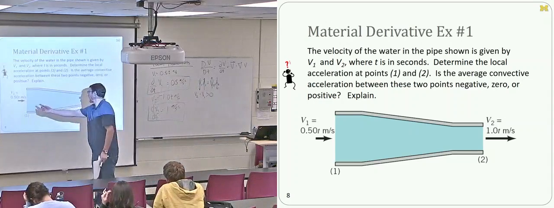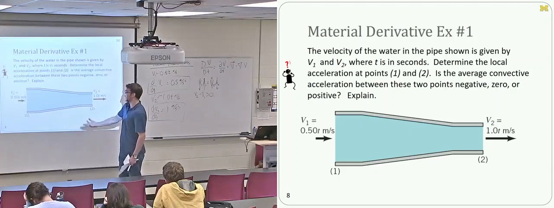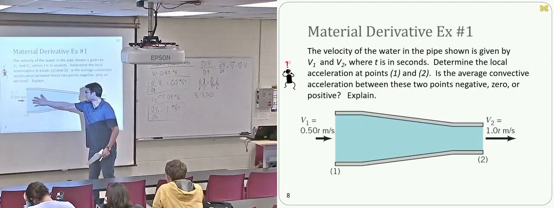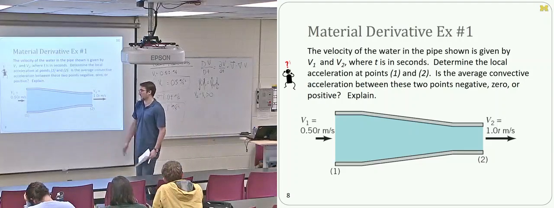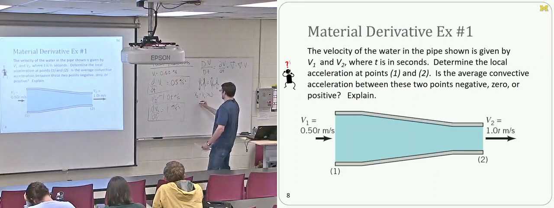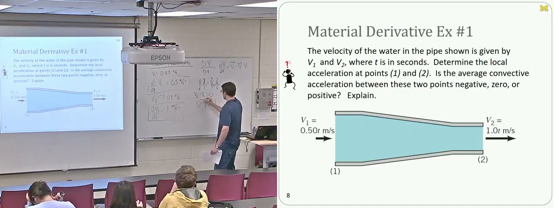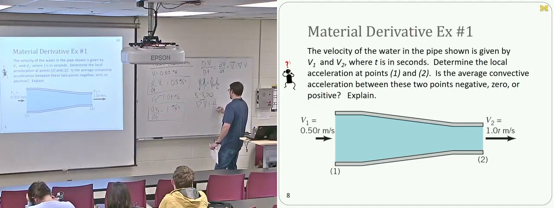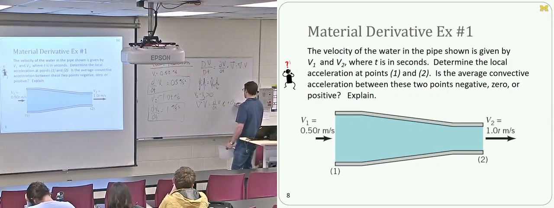This is really kind of a one-dimensional problem. We can look at this and see that the gradient is only going to give us a rate of change in the x direction, because it's a 2D problem and it's symmetric. So this tells us that grad v is going to be equal to dv/dx i plus 0j plus 0k.